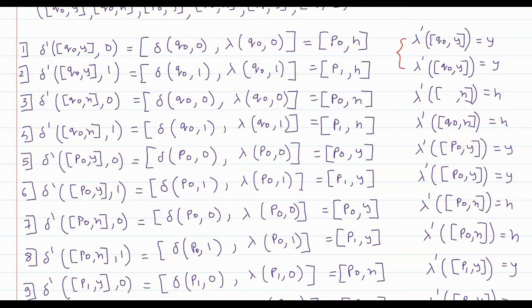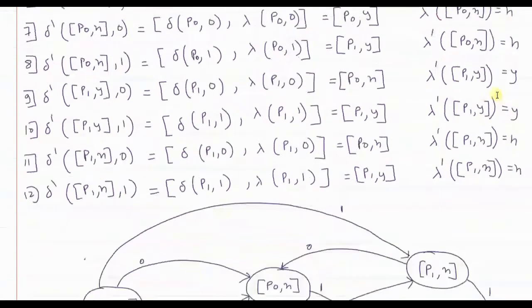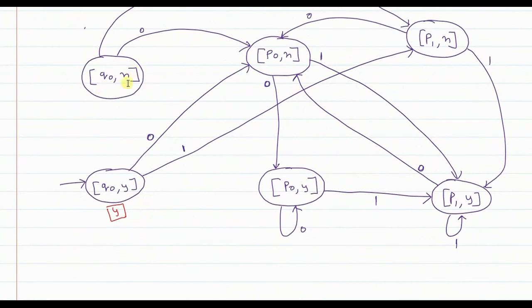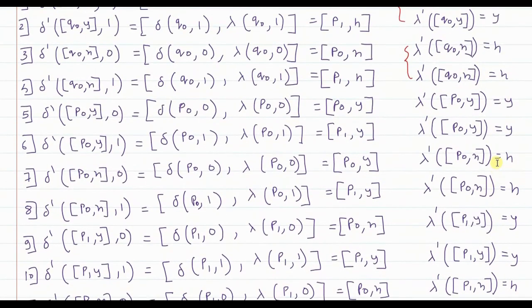This should actually be Q naught N, according to the formula. When you look at the next two, it's very clear that the output associated with state Q naught N will be N.